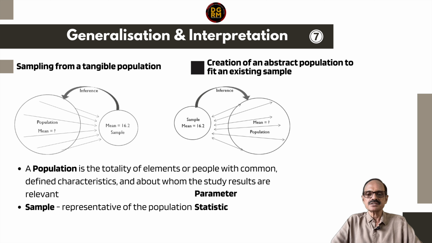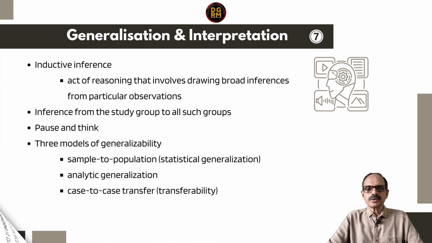The philosophical concepts of generalization and interpretation are also called inductive inference. From particular observations, broad inferences are drawn. This type of reasoning is called inductive inference. Before making the generalization or inductive inference, you have to pause and think. You should generalize according to the results that you obtain.